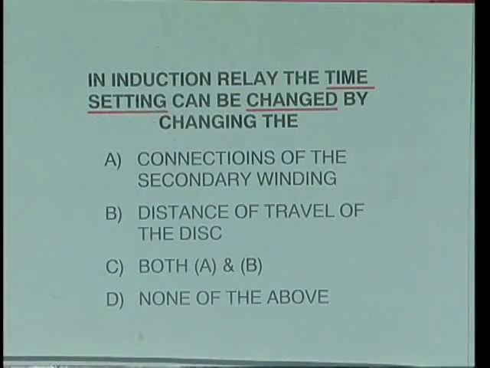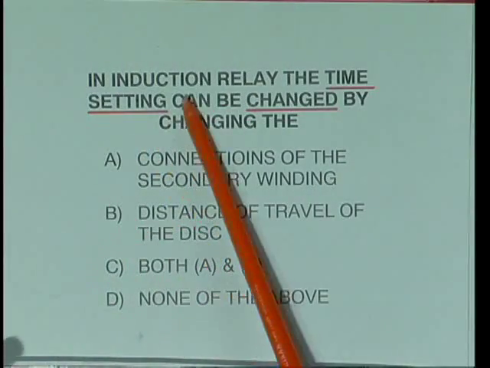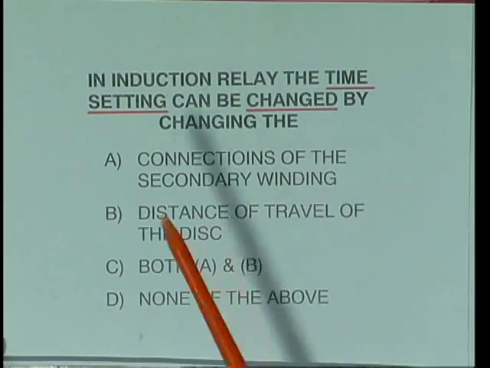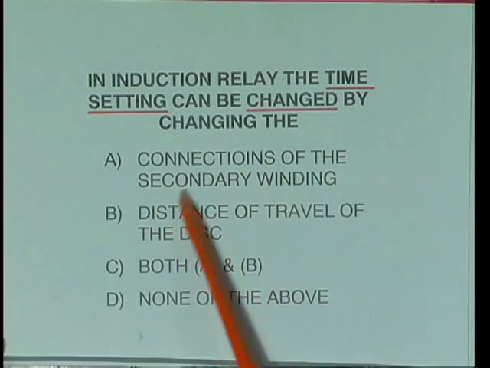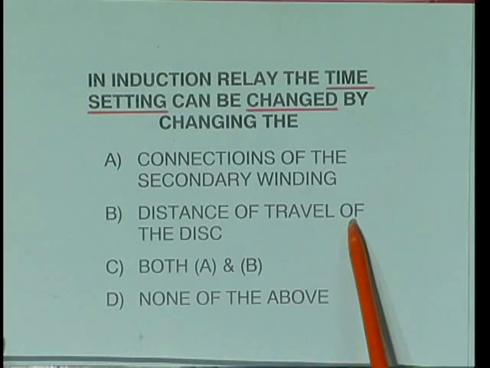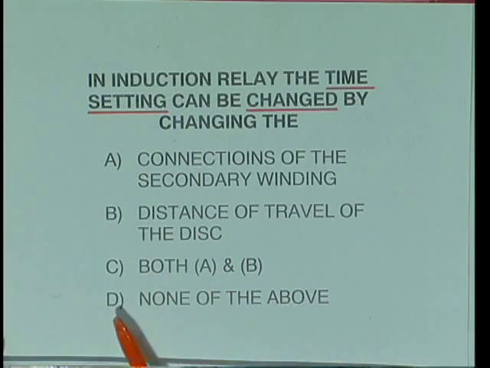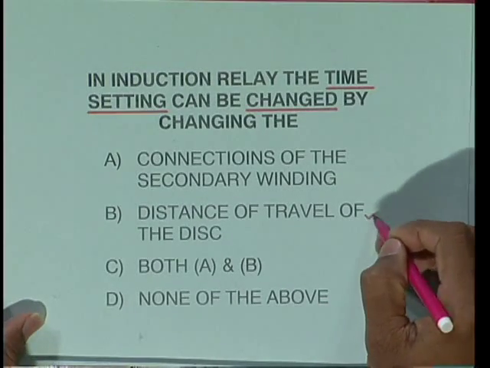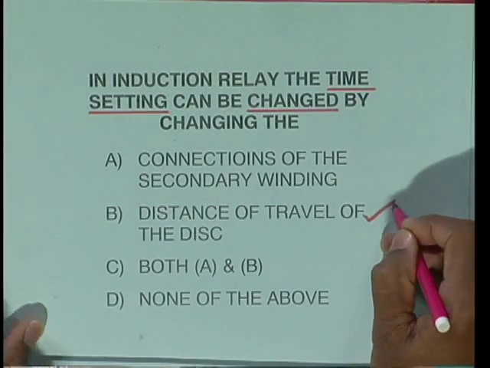And next question is, in induction relay the time setting can be changed by changing the connections of the secondary winding, the distance of travel of the disc, both A and B, or none of the above. The correct answer is distance of travel of the disc.